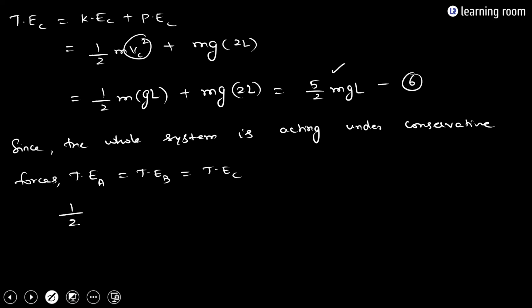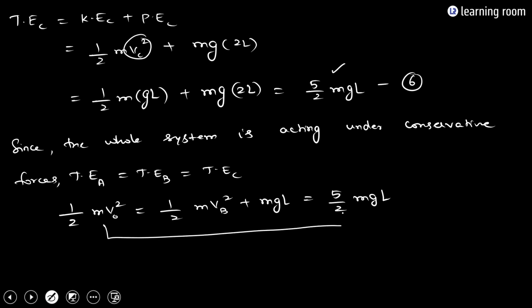So total energy at A, half m V naught square, is equal to the total energy at B, half m VB square plus mgl, and this should be equal to the total energy at C, 5 by 2 times mgl.